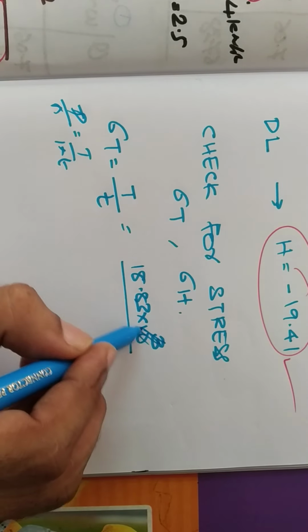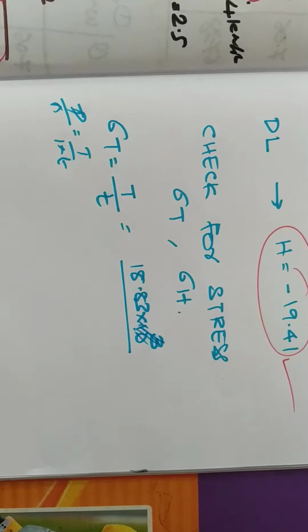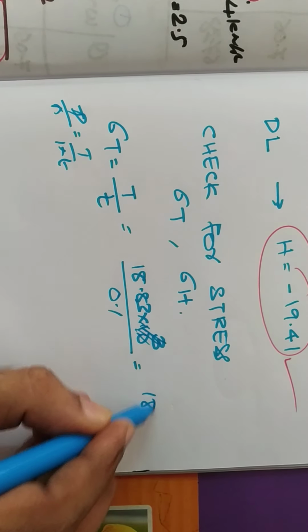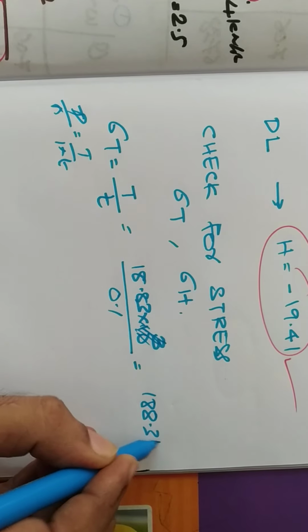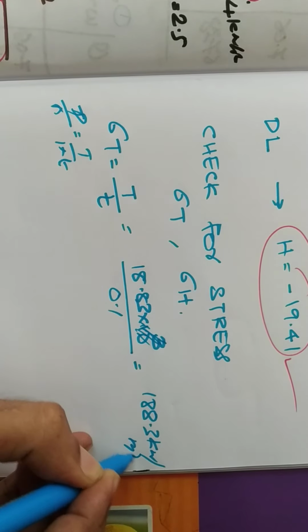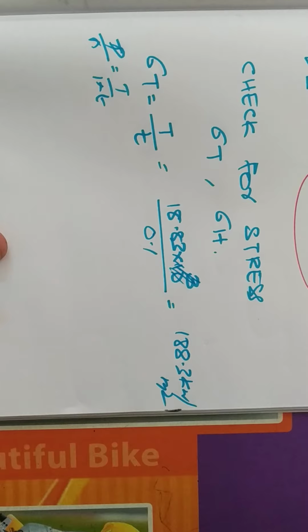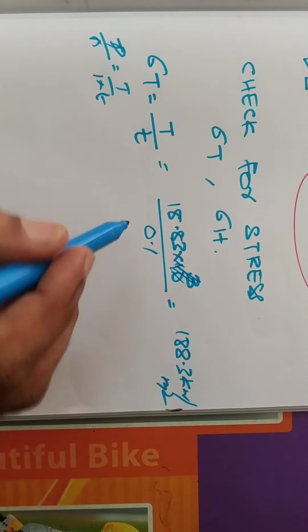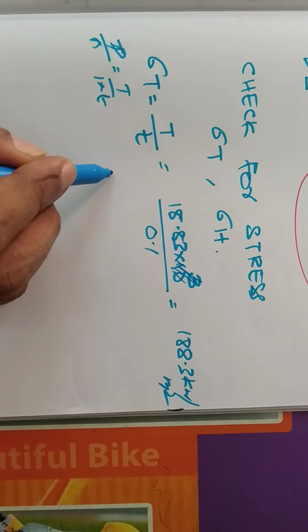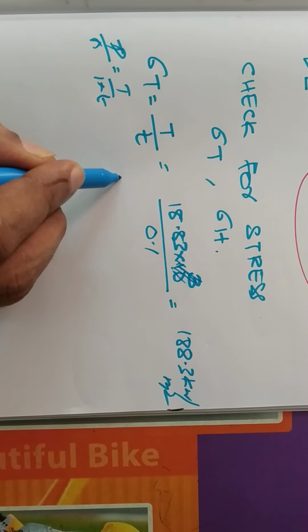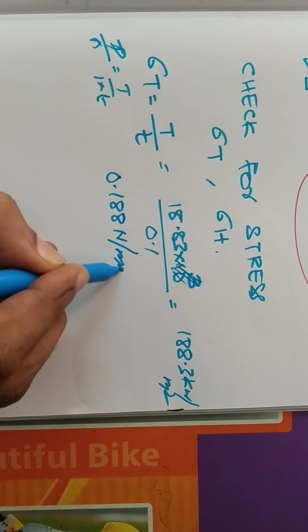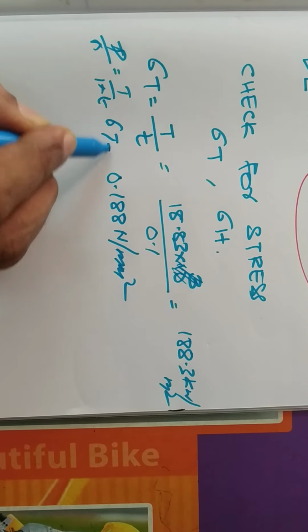Otherwise you can do it in kilonewton itself, and t is 0.1, so it will come 188.3 kilonewton per meter square. This is the value which is coming here. So if you convert into Newton per millimeter square, it will come 0.188 Newton per millimeter square, that is sigma T.